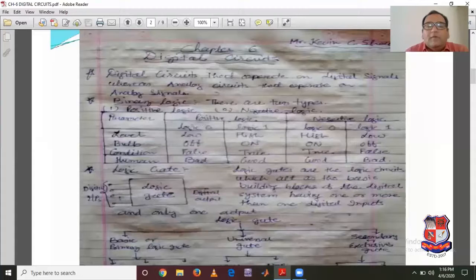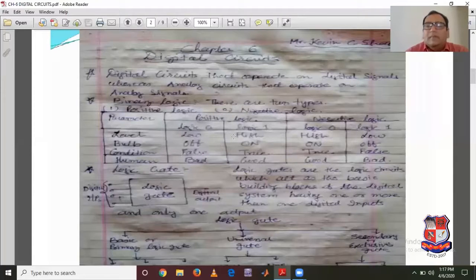So for positive logic, logic 0 means the bulb is off, and logic 1 means the bulb is on. It is simply opposite in negative logic.